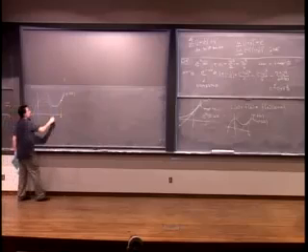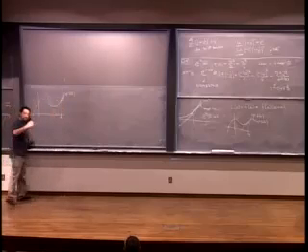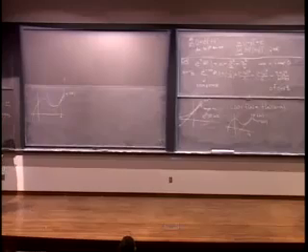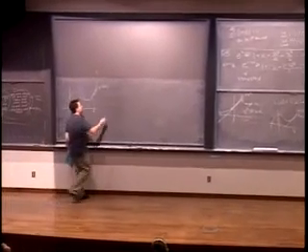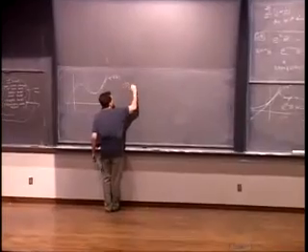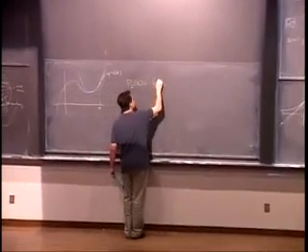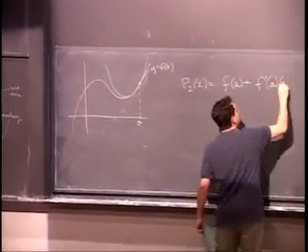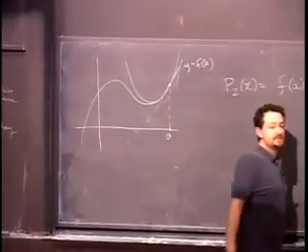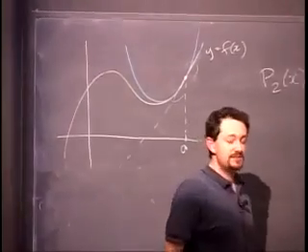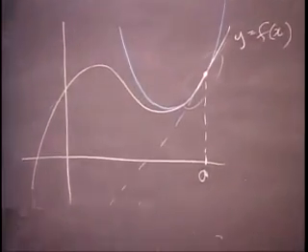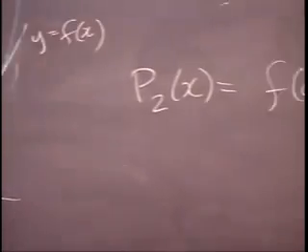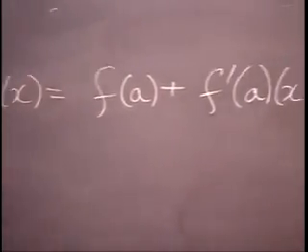But you see, it will be a closer hugging fit, hopefully, to the curve. So it turns out that the best quadratic is given by this formula. f of a plus f prime a times x minus a. Wait, that's just the linearization. There's another term, 1/2 the second derivative, times x minus a squared.